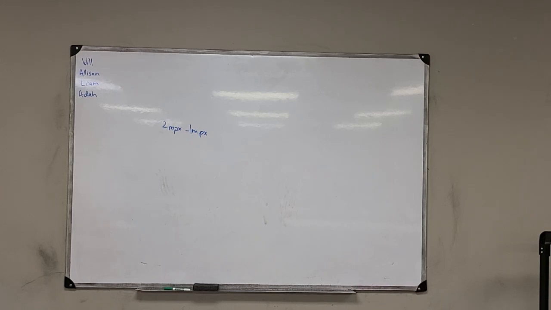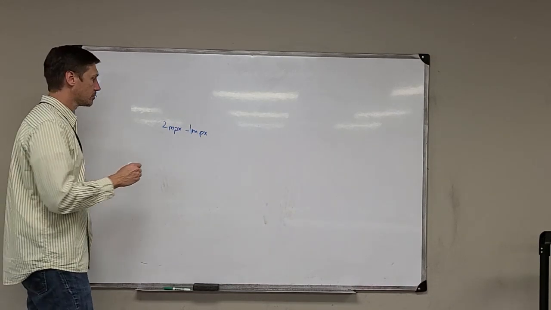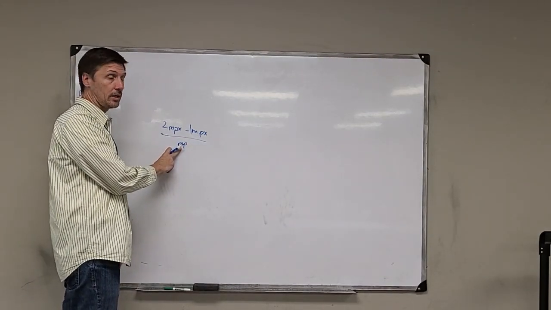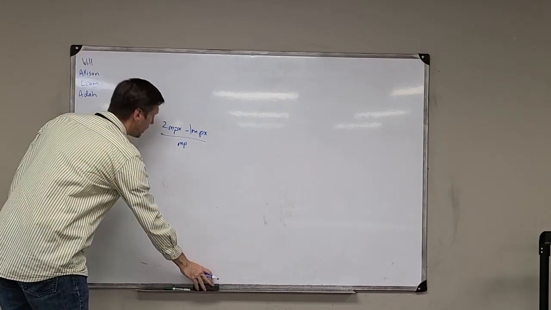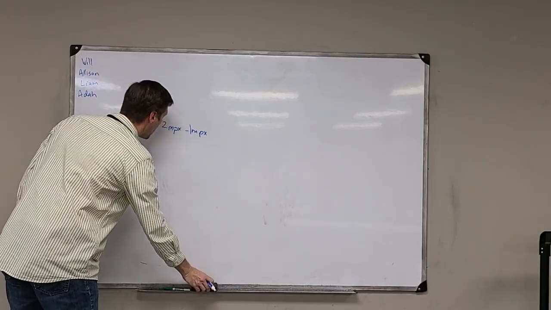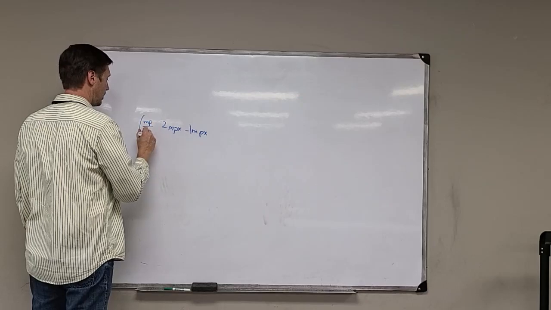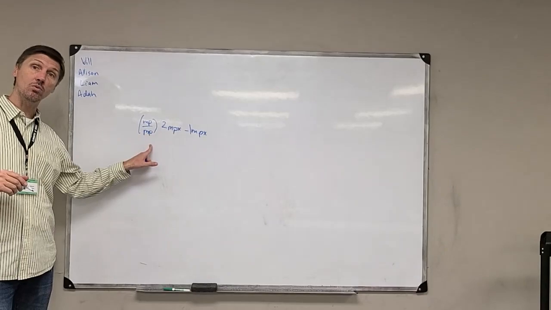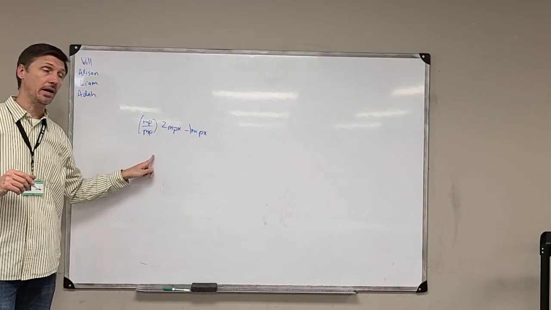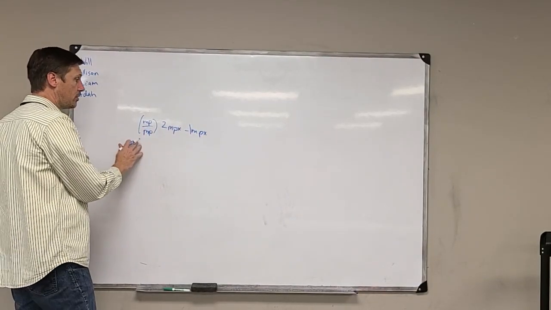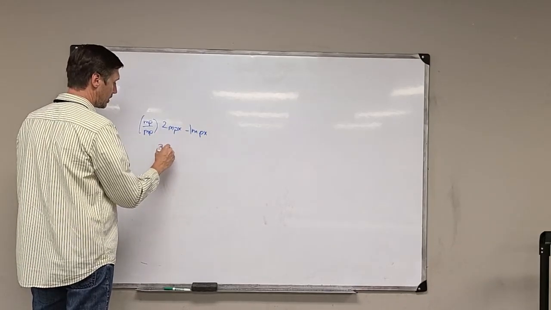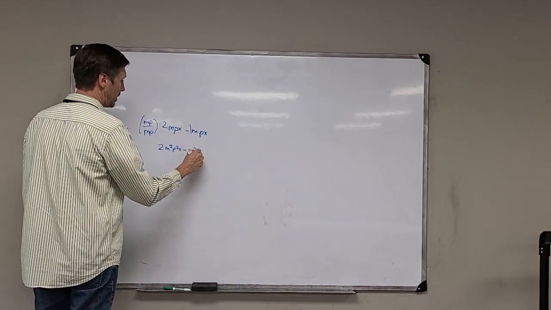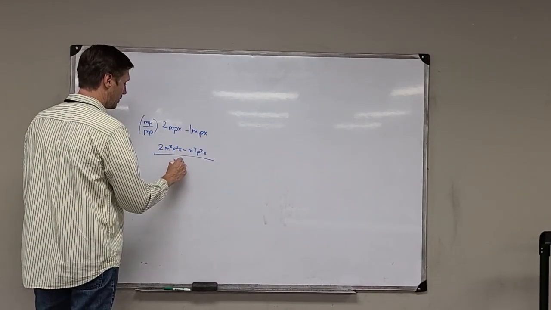Could you put it over MP, so then you could cross them out? In order to do that, I would have to multiply the top and the bottom of this expression by MP over MP, because that's 1, right? MP over MP is 1, so I'm not changing the value of the expression. But when I multiply through, instead of just MP, I'm going to have on the top 2M squared P squared X minus M squared P squared X, all of that over MP.